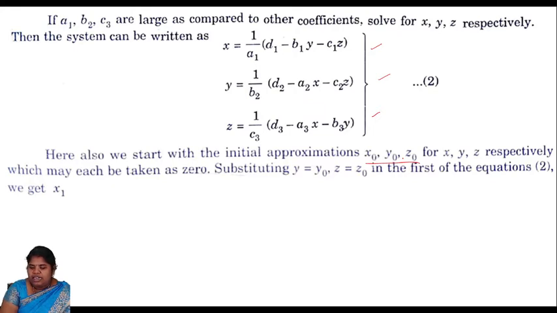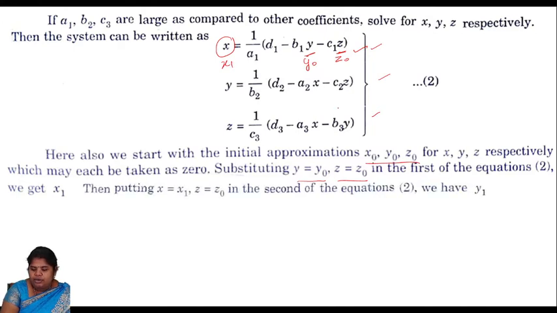That is, in equation 1, we substitute y0 and z0 in the place of y and z, and we get x1. Now in equation 2, in the place of y we substitute the value of z0, and in the place of x we substitute the value of x1. We get y1.